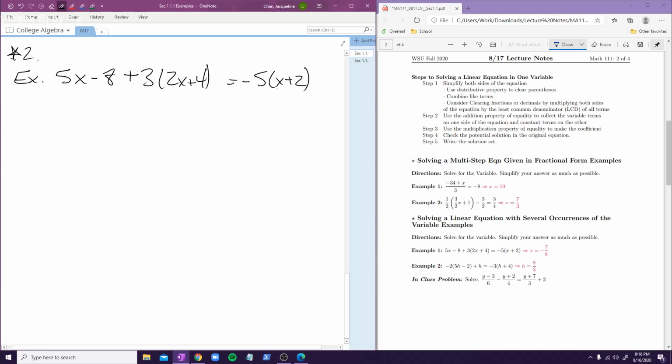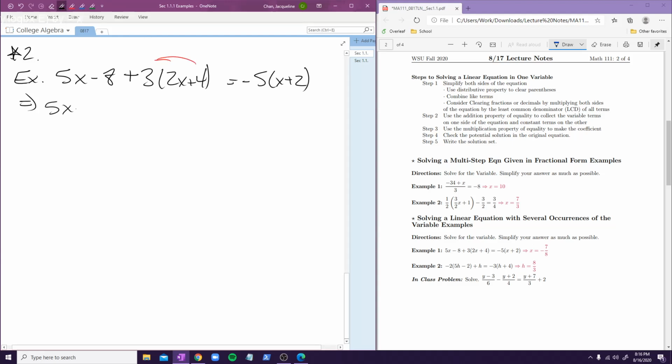Right? So our goal is to solve for the variable, and we're going to simplify as much as possible. Right? So same thing as above, okay, but we just have more stuff to do. Right? So first I'm going to simplify both sides. So on the left side, I notice I have parentheses, so I'm going to distribute them.